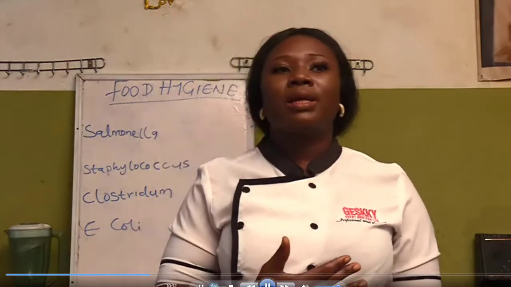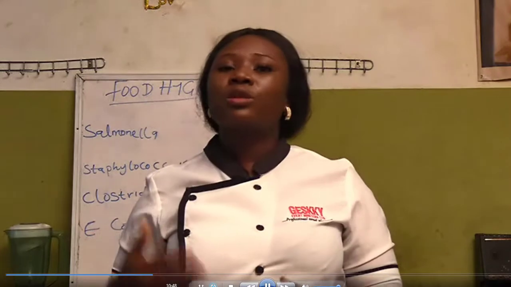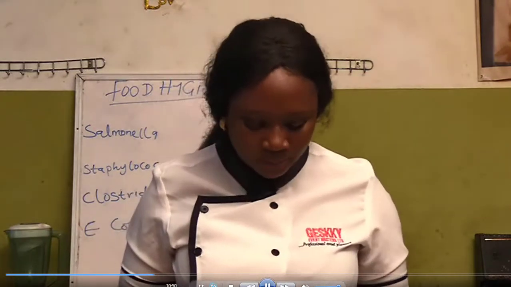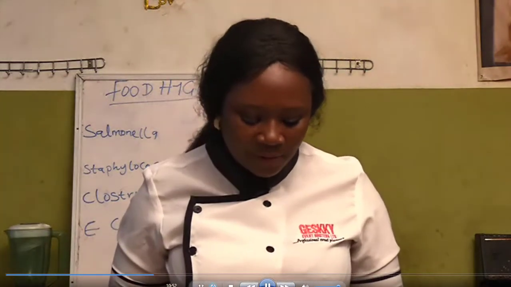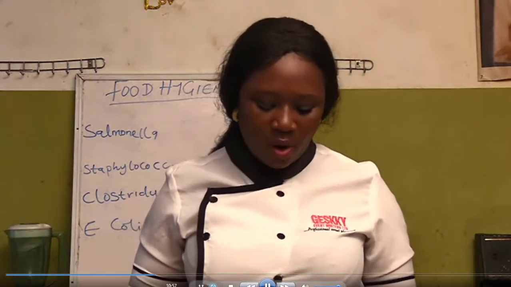We talked about it in our last class: if you have any disease that could be contracted by another person, please don't handle food at that moment, because those diseases can transfer into your food and also to someone else. The use of effective food processing techniques, for example cooking or reheating. Make sure that you use an effective way to process your food.